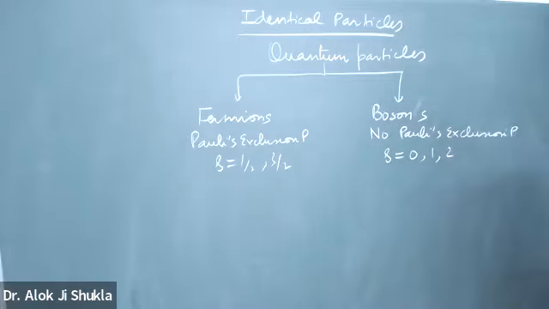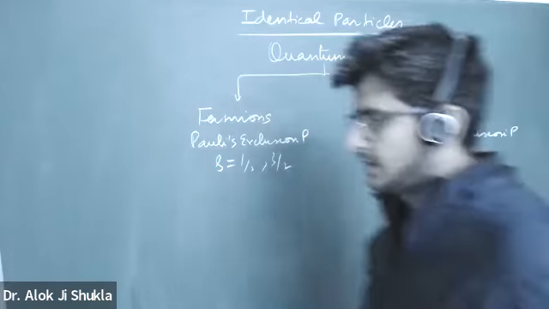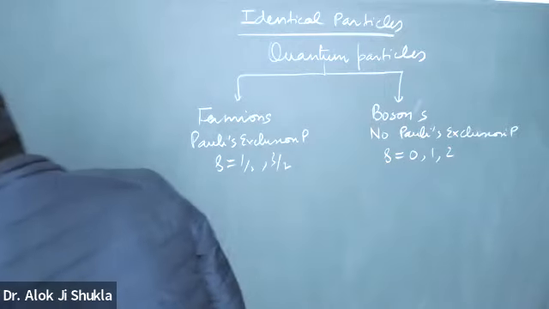Okay, so this is the fundamental difference. So we have a separate distribution function obviously for fermions, and we will have a separate distribution function for bosons. Okay, so let us discuss them one by one.